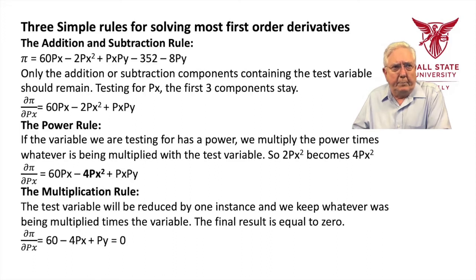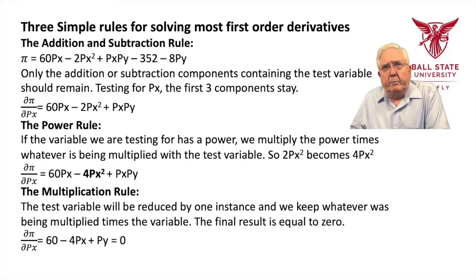We subtract 1 PX from it, so it becomes 60. We have PX squared here, so one of those goes away. It becomes minus 4PX. And then we have PX times PY, it just becomes PY. And so 60 minus 4PX plus PY is equal to 0. And we can state that.